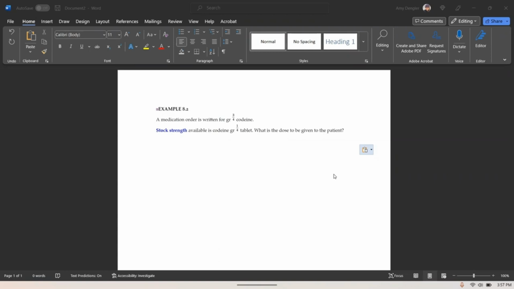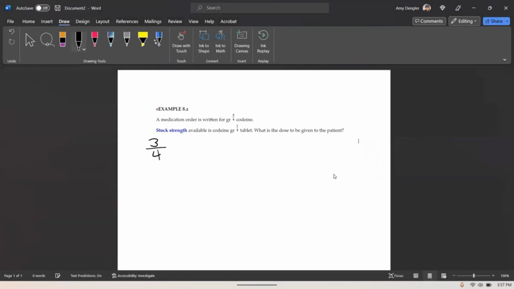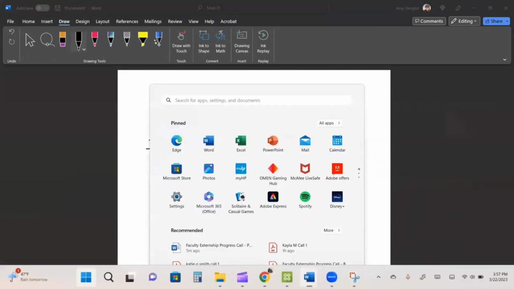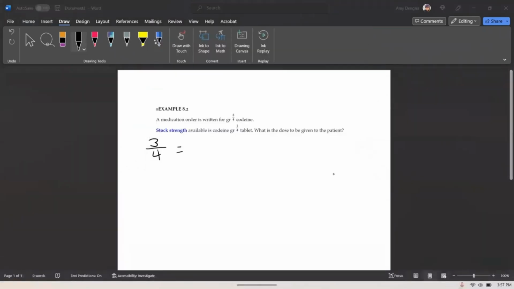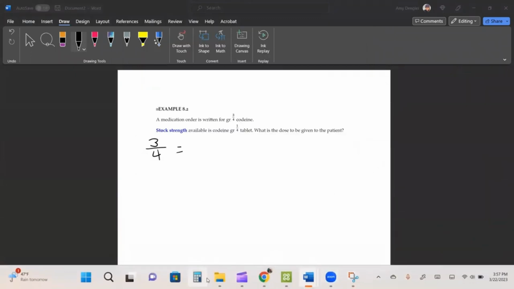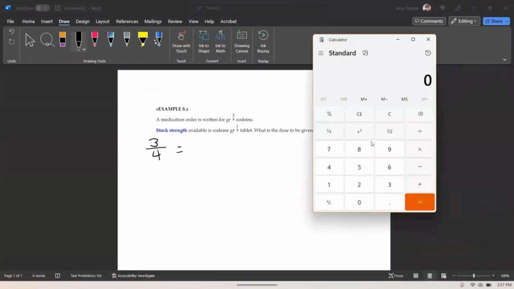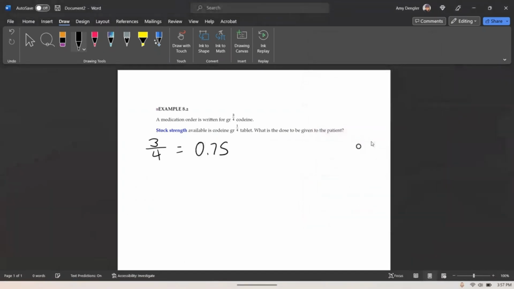So first of all, I'm going to take that 3/4 and turn that into a decimal. To do that, all I'm going to do is 3 divided by 4, and that's 0.75, and then 1/4.